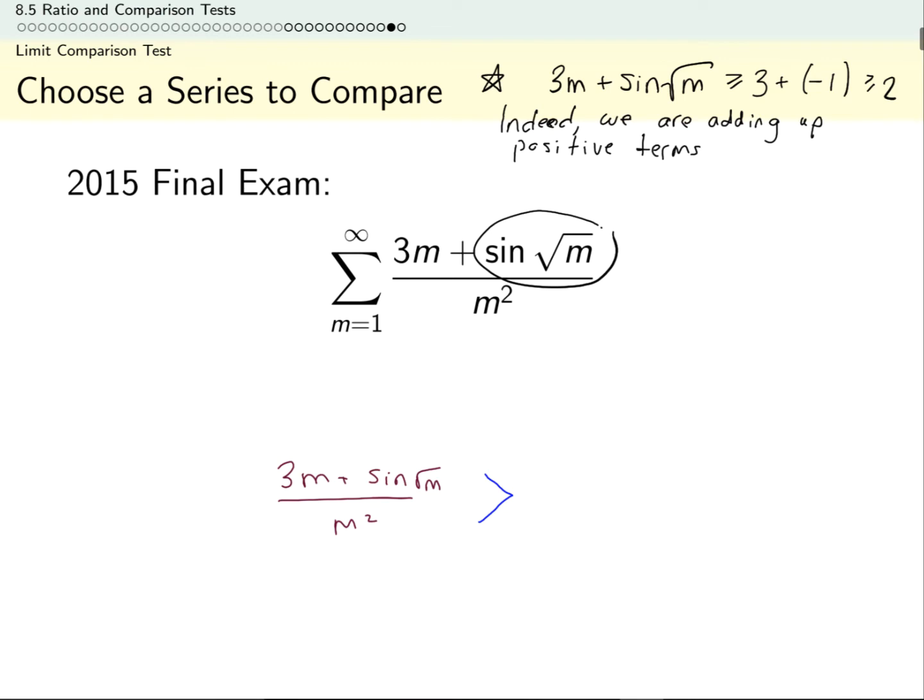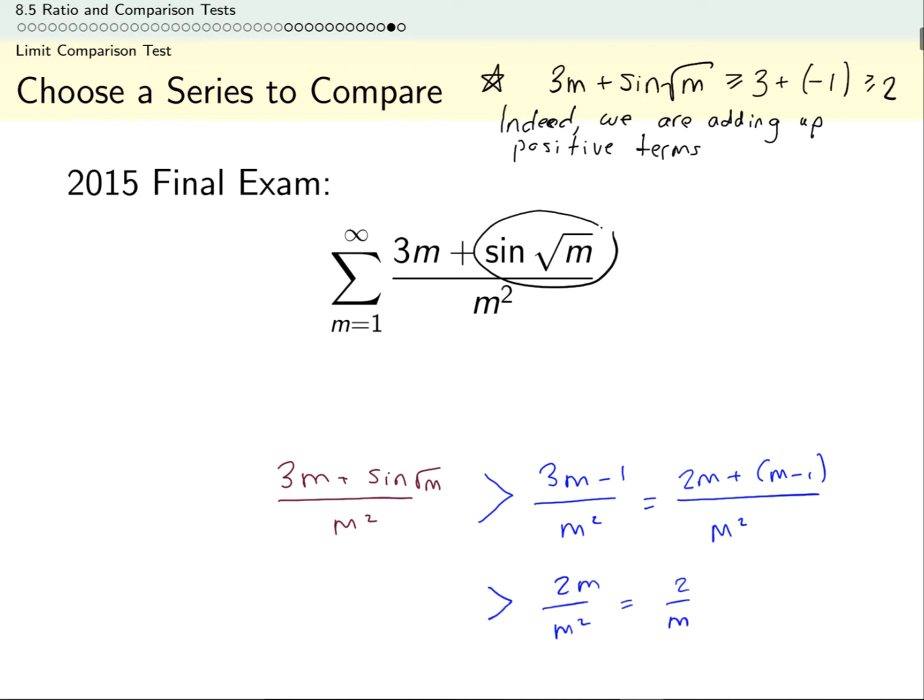So I know that the smallest this can be is 3m minus 1 over m squared. This is still not a super easy sequence, because if I want to know whether its series converges or diverges, it's still not clear. But I'm going to write this as 2m plus m minus 1 over m squared. Because that, when m is large, is bigger than 2m over m squared, which is 2 over m.